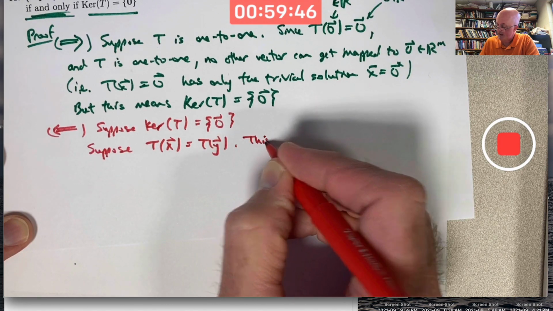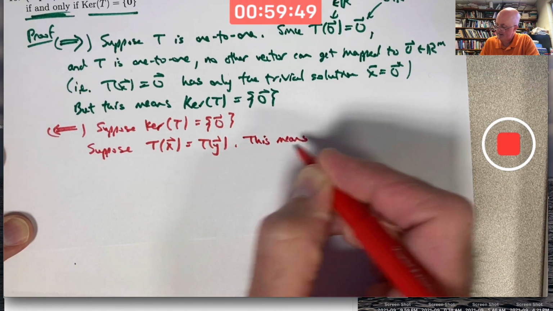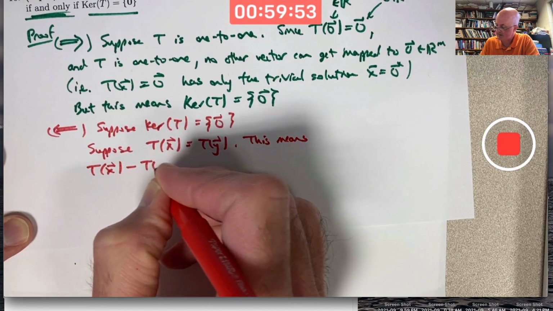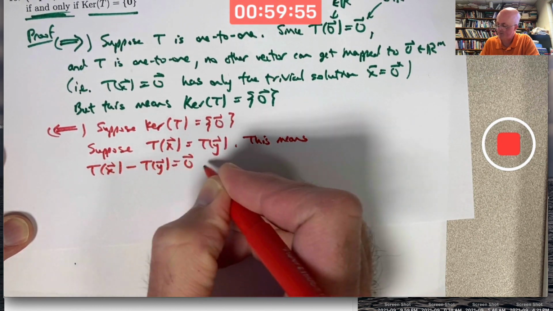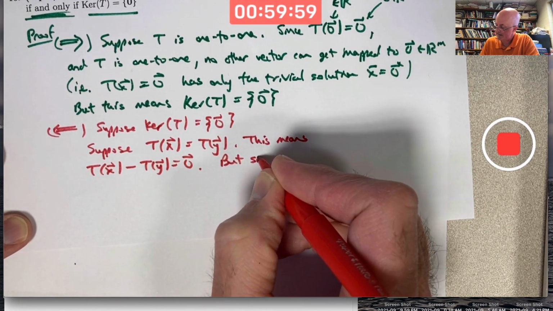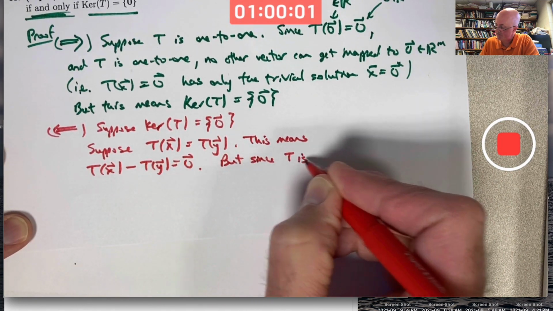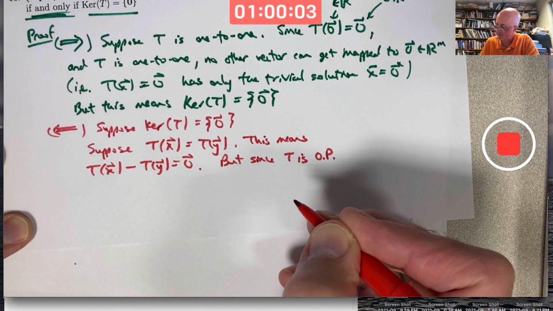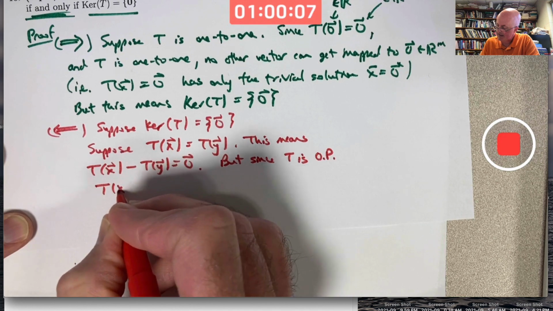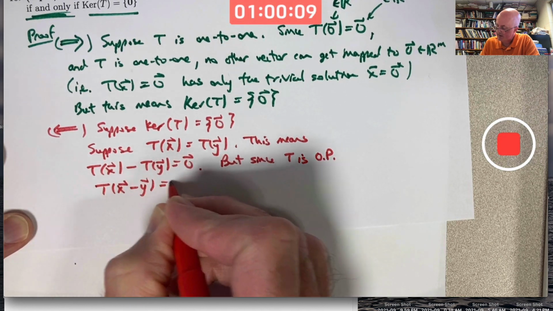Well, it's a little trick. This means subtract t of y from both sides. T of x minus t of y equals the zero vector. But since t is operation preserving, OP for operation preserving, t of x minus y must be the zero vector.